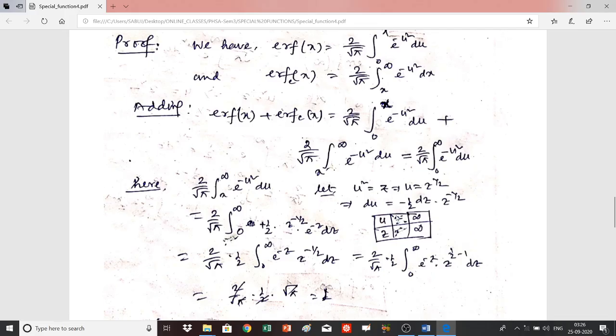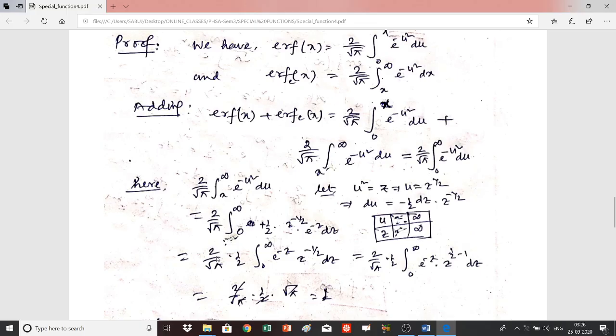And here are the limits of integration: when u is 0, z will also be 0, and when u is infinity, z will also be infinity. So the limit of integration here is 0 to infinity, here is 2 by root pi, then 0 to infinity, then this half is here, then this z to the minus half is here, and dz is here, and e to the power minus u square will give you e to the power minus z.